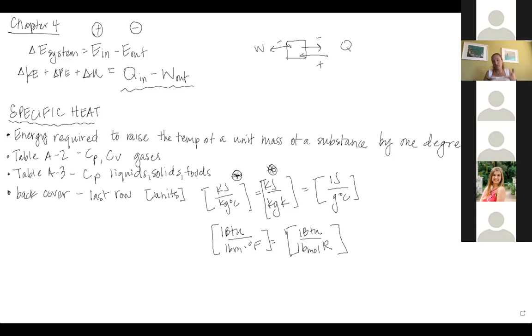It's why the ocean doesn't freeze the second it gets cold outside. It's fascinating. It has a really high specific heat, which allows it to resist a lot of temperature change and lets us live the way we live. Okay, so good job, everybody. Thanks for participating. I'm going to keep going.